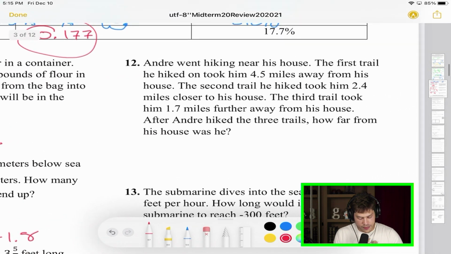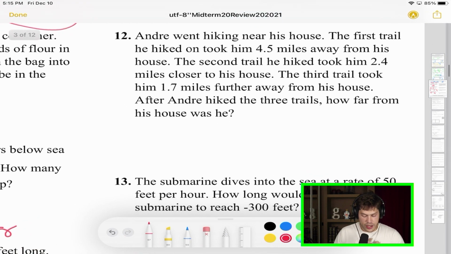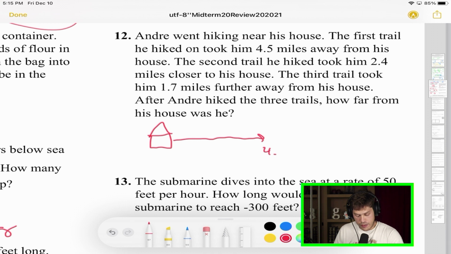Number 12. Andre went hiking near his house. The first trail he hiked on took him 4.5 miles from his house. The second trail he hiked on took 2.4 miles closer. The third trail took him 1.7 further. How far was he after all this hiking? Okay. So this dude has a house, and he went 4.5 miles away.